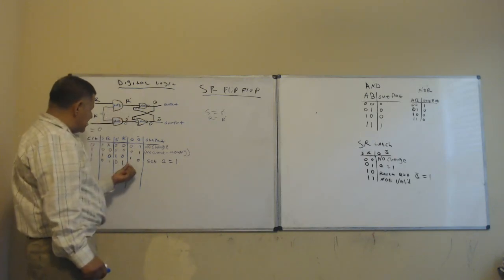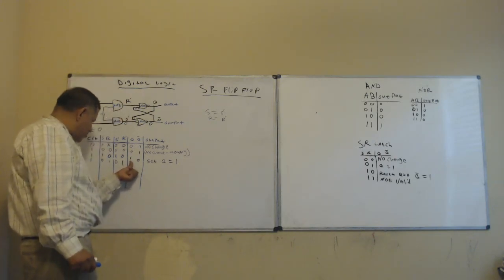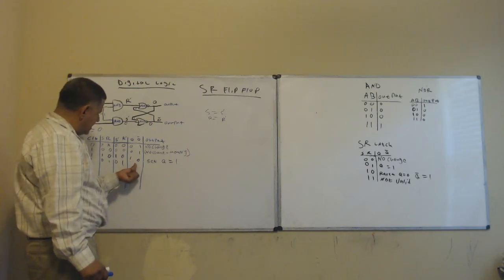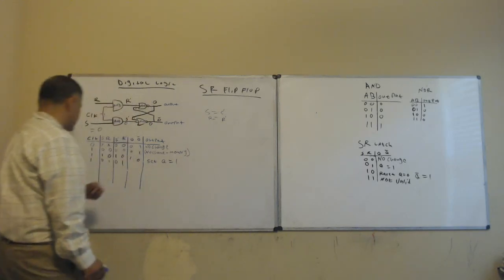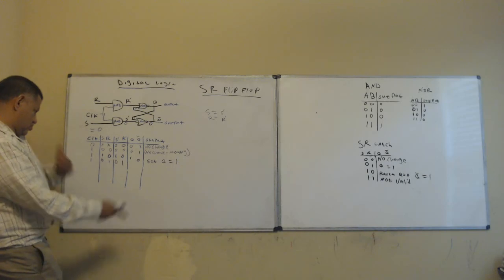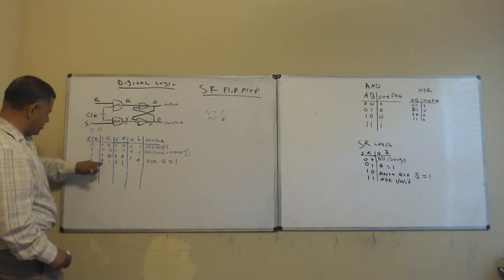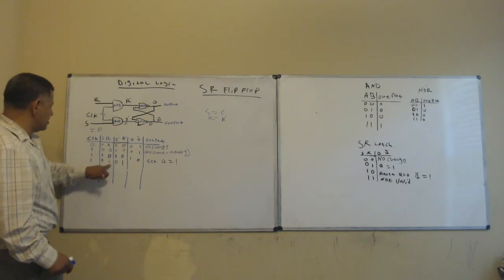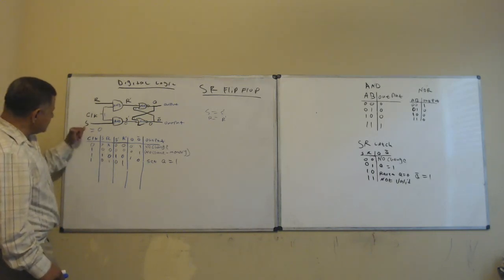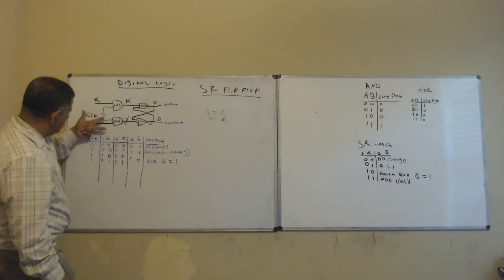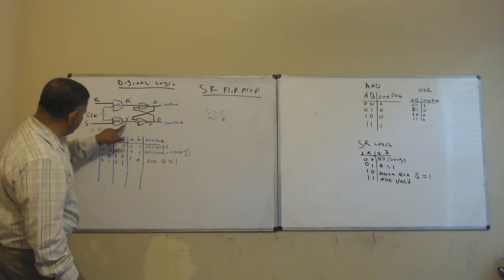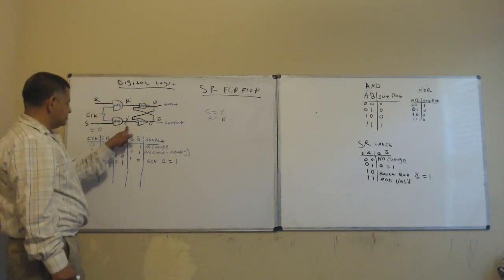That gave us we set up Q equal to 1 and Q naught was equal to 0. Okay, now we reset. We put S equals 0, R is equal to 1. S is equal to 0, and an AND gate is 0 coming out, right?